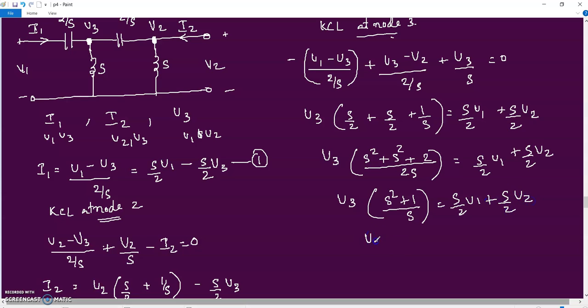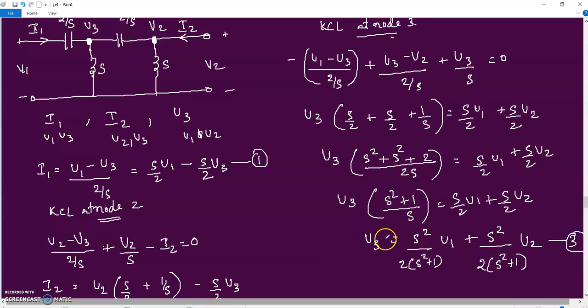That is V3 is equal to S square by 2 into (S square plus 1) V1 plus S square by 2 into (S square plus 1) V2. So this is equation number 3, that is the equation of V3.